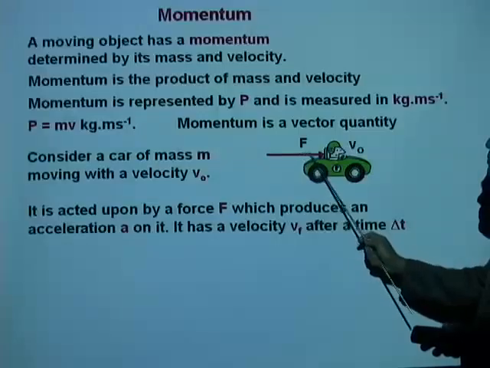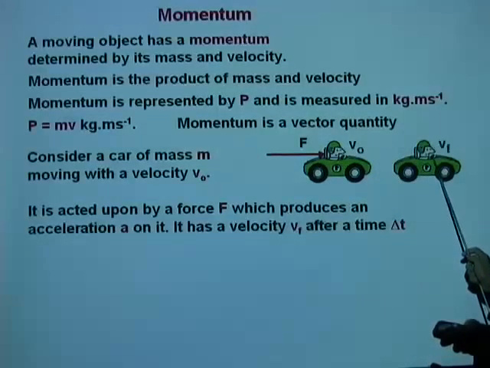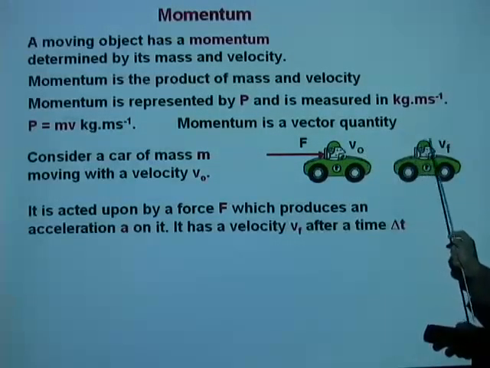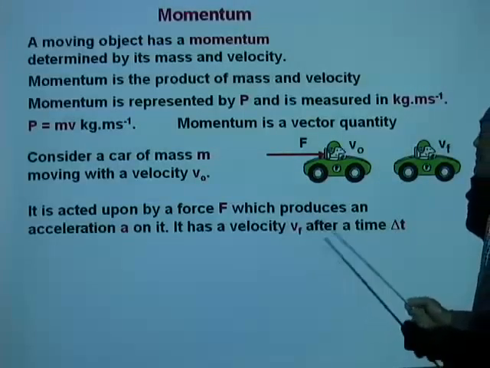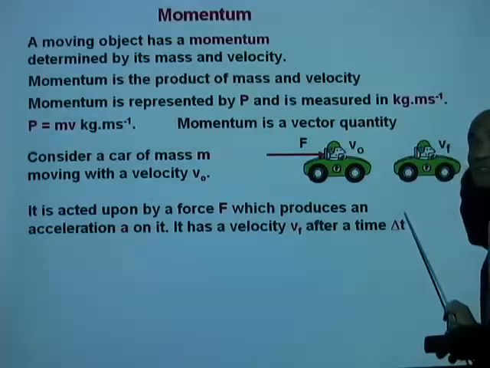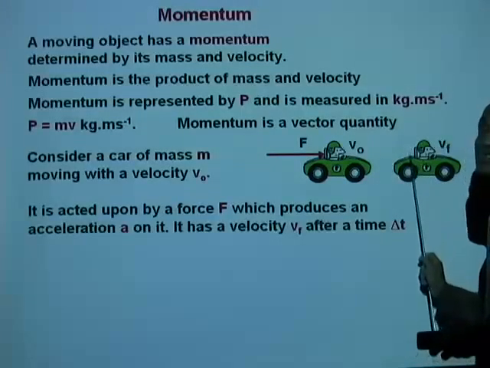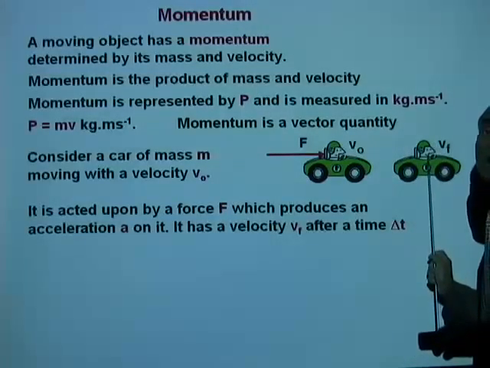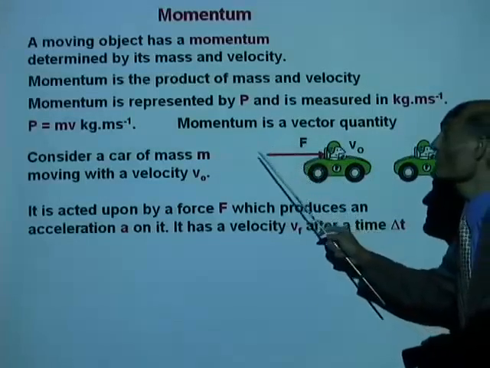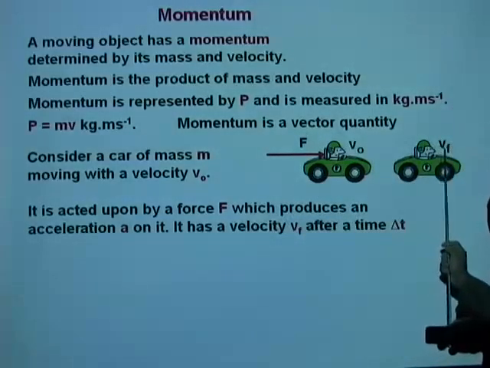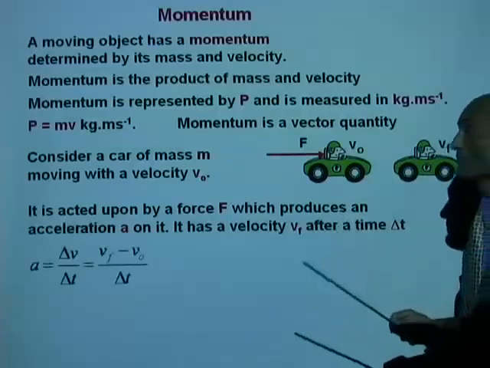Alright, this force F will change the velocity from v0 to vf. And the time taken for that change is delta t. Tell me, what is the new momentum of this car? The new momentum will be its mass times its new velocity.